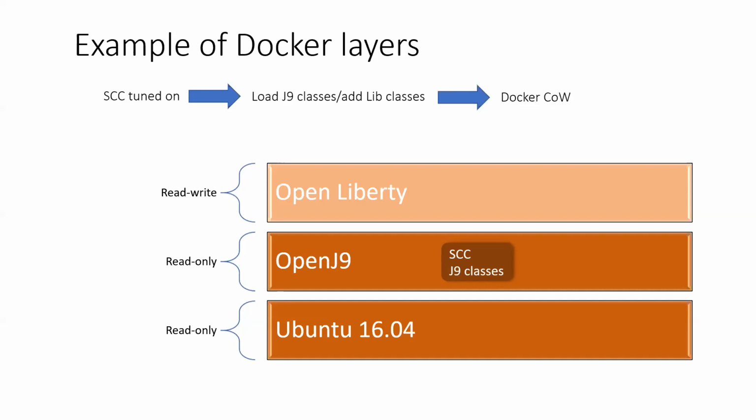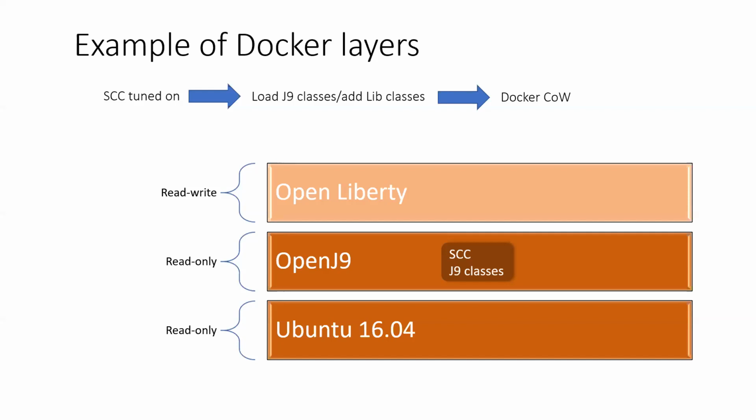And this will trigger Docker's copy on write mechanism. Docker handles any modification to the lower read-only layer by copy on write, which means that Docker will copy the file to be modified to the top read-write layer, and make the modification in the copied version.